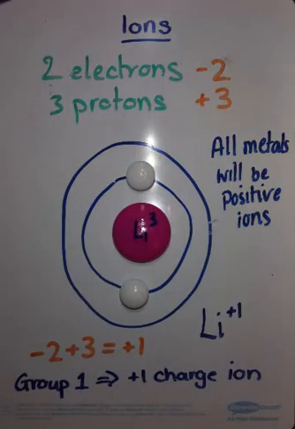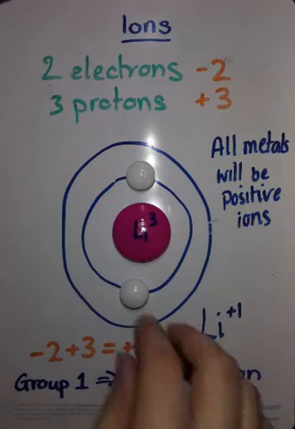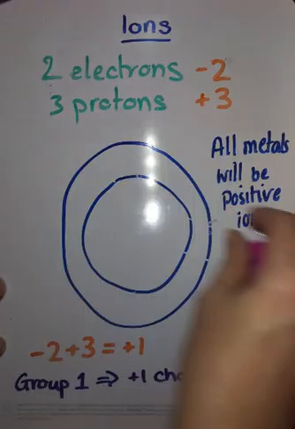Okay, now if we look at non-metals, we have something a little bit different happening. So what we're going to do now is flick over to group 7 of our periodic table, and have a look at fluorine. Okay, now fluorine is a non-metal.